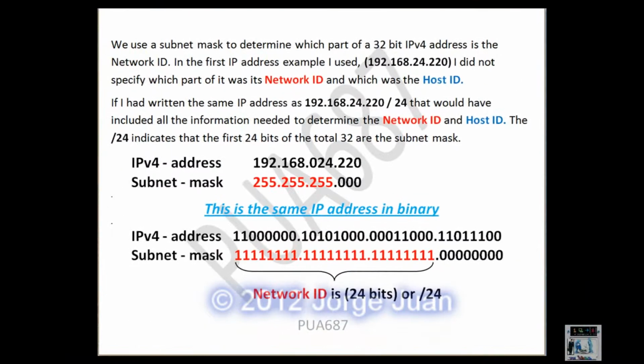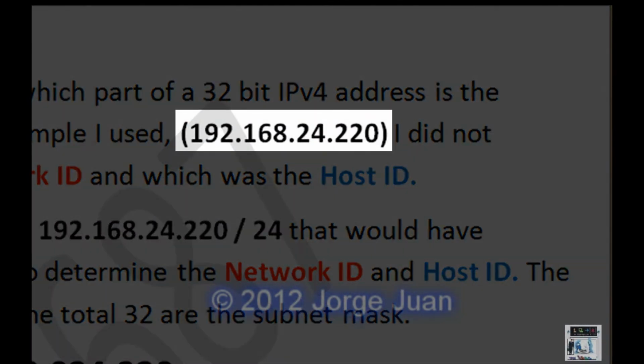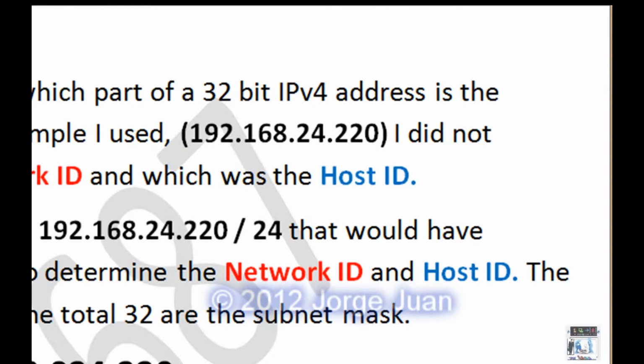Okay, let's look at the IP address I first used. We use a subnet mask to determine which part of the 32-bit IPv4 address is a network ID. In the first IP address example I used, the 192.168.24.220, I did not tell you which part of it was the network ID and which part was the host ID.